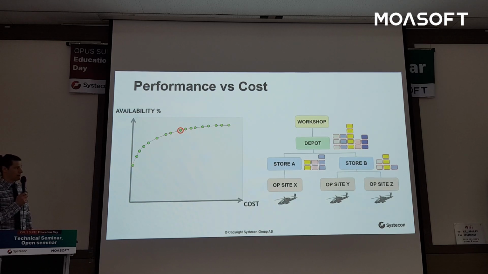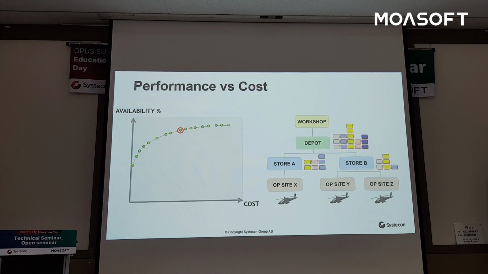And now I give a very simple example. And of course, if we have a real-world system with hundreds of items, and a real-world support organization with 10 or 20 or 30 different sites and stores, etc., that becomes a really complicated task to do by hand or in an Excel sheet or something like that. So that's why we need software like OPUS.